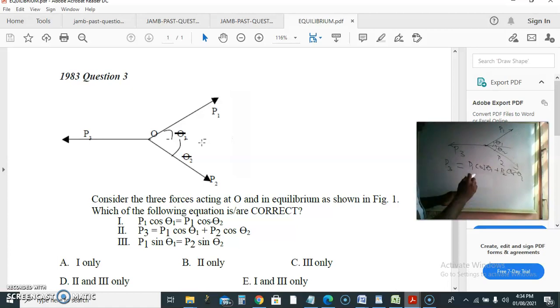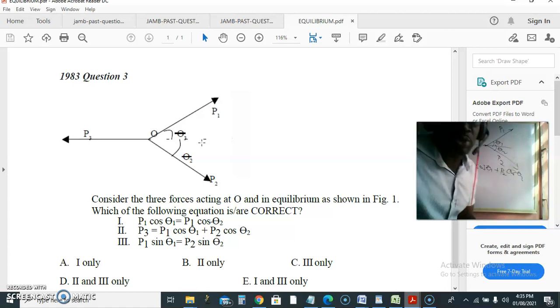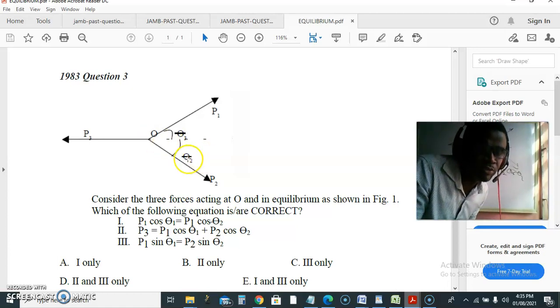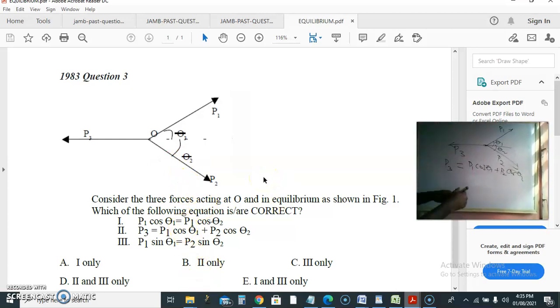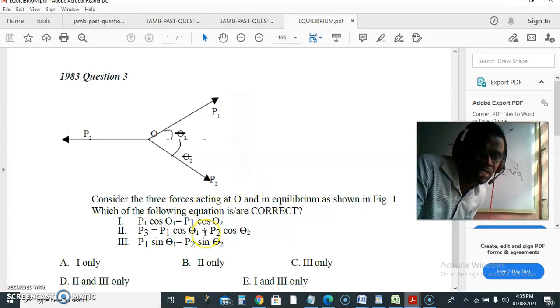This gives us a horizontal component, which is one of the options, 3. And the vertical components give us P1 sin theta 1 equals P2 sin theta 2.